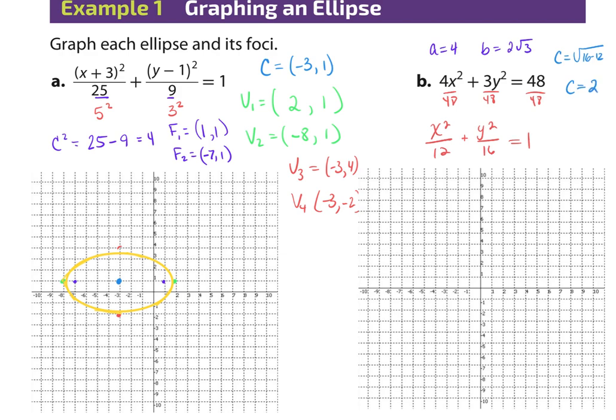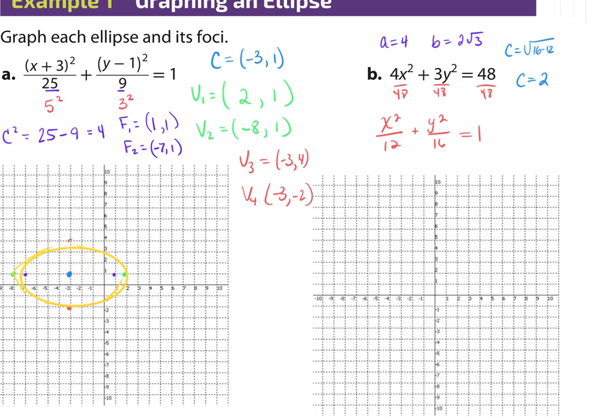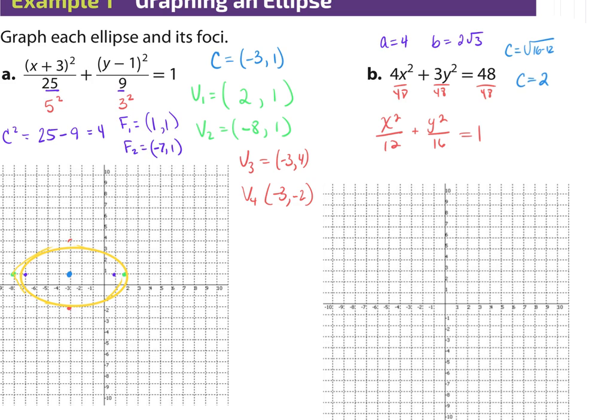Yes? And so once again, I can find these 4 pieces. My center, where's my center on this one? Where's my center? 0, 0. Yeah. So my center is going to be 0, 0 because nothing is being added to my x and y.